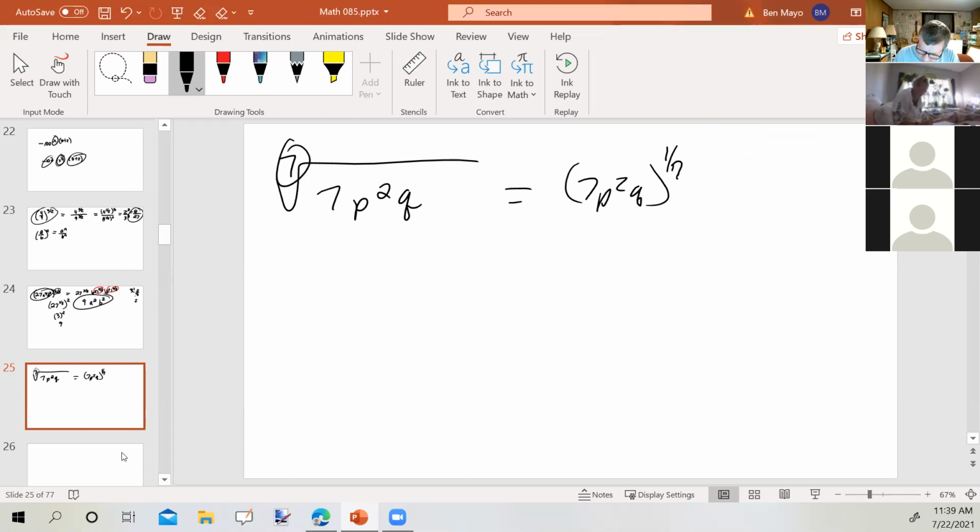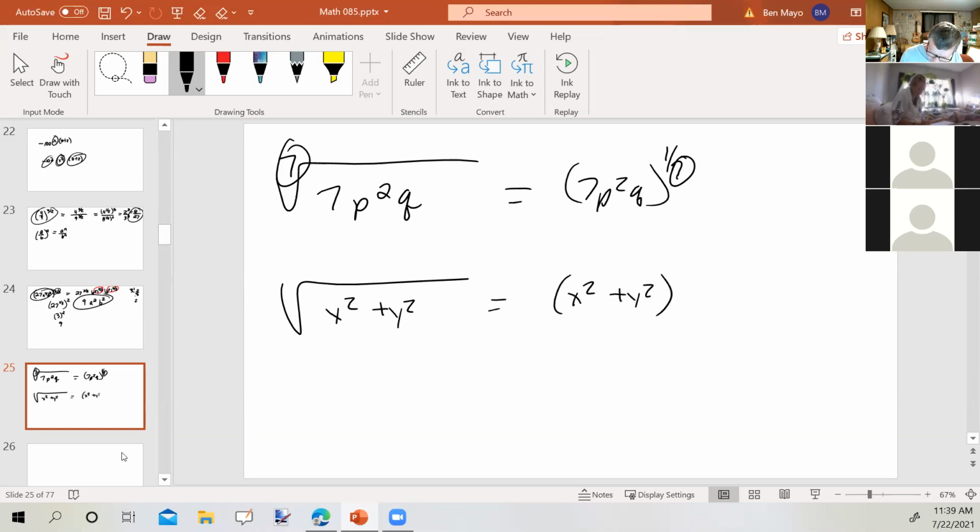Index becomes the denominator of the exponent, and I need parentheses because the whole thing is raised to the 1/7 power. How about this one? The square root of x squared plus y squared would be the quantity x squared plus y squared to the 1/2 power.